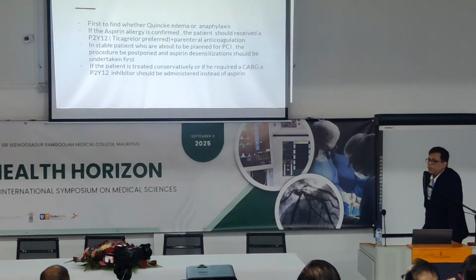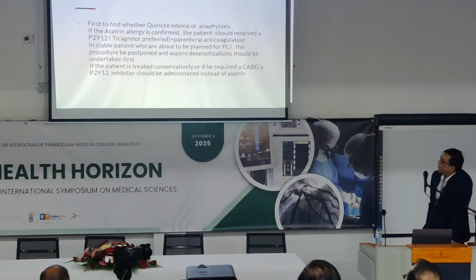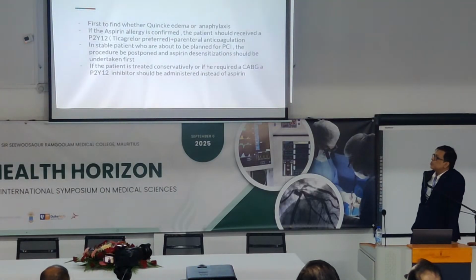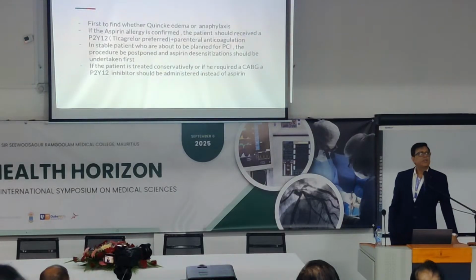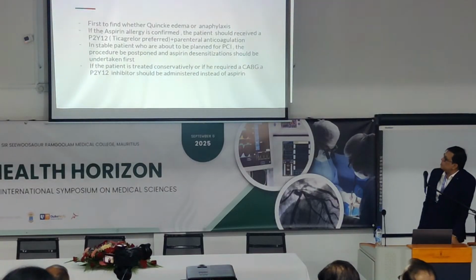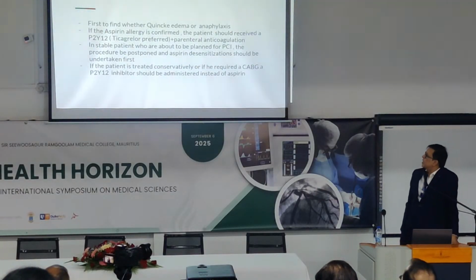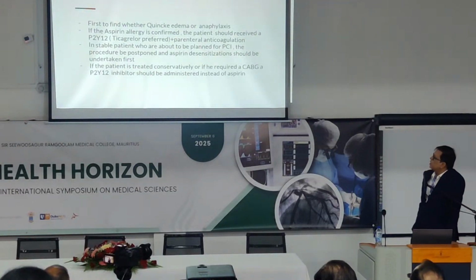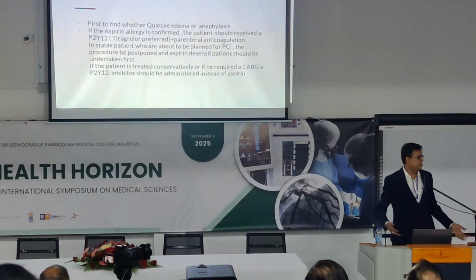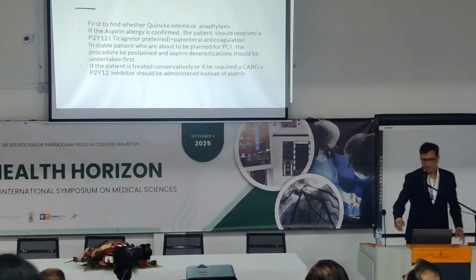In stable patients who are planned for PCI, the procedure should be postponed and aspirin desensitization tried first. And if the patient is treated conservatively, if he requires CABG, a P2Y12 inhibitor should be administered instead, because the patient is going for CABG, so he can wait for that.